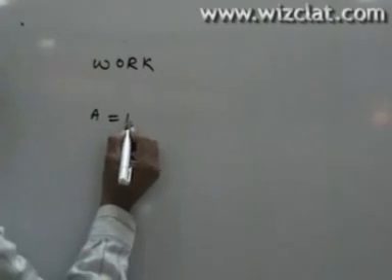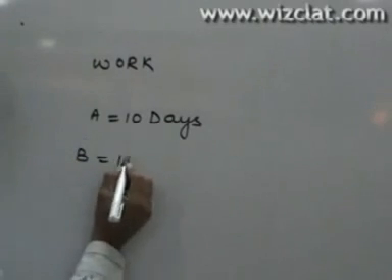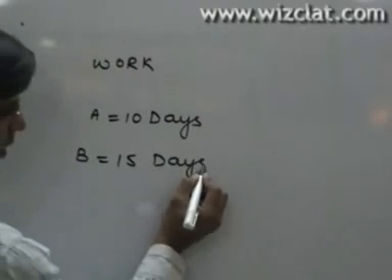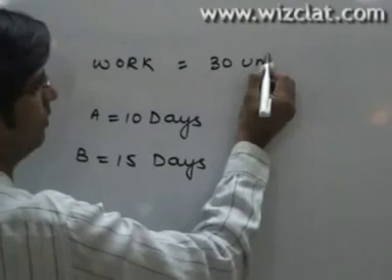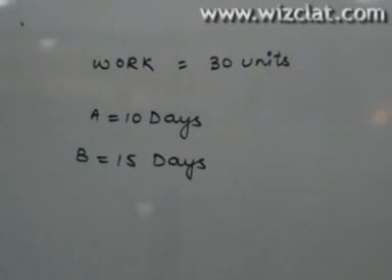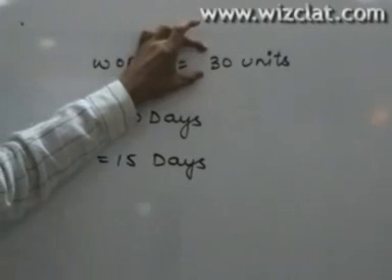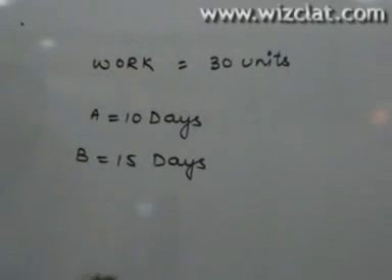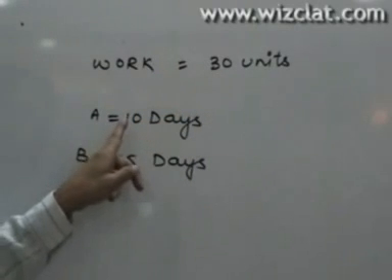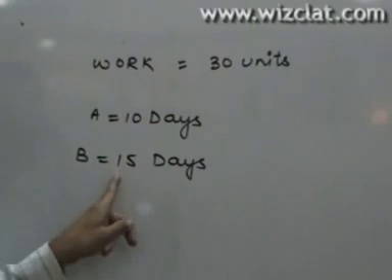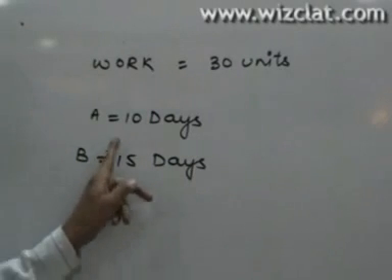Because A can do this piece of work in 10 days and B can do the same piece of work in 15 days, I assumed the work is equal to 30 units. Now, why 30? Again, important thing in this exam is that you should take a value where you do not get fractions, where things are easily divisible. Now 30 is a number which is not only divisible by 10 but also by 15. In fact, it is the LCM of A and B's values.